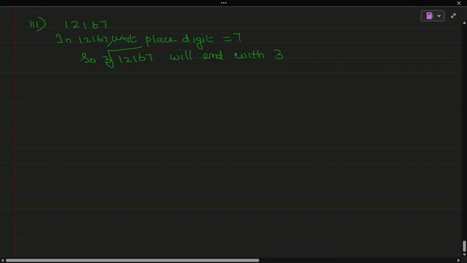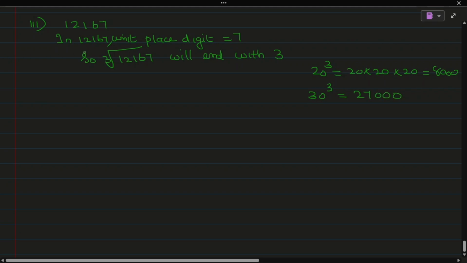Now we will estimate between two familiar cubes. If you are taking 20 cube, you know, 20 multiplied by 20 multiplied by 20, that is 8000. Now 30 cube, that is 27,000.